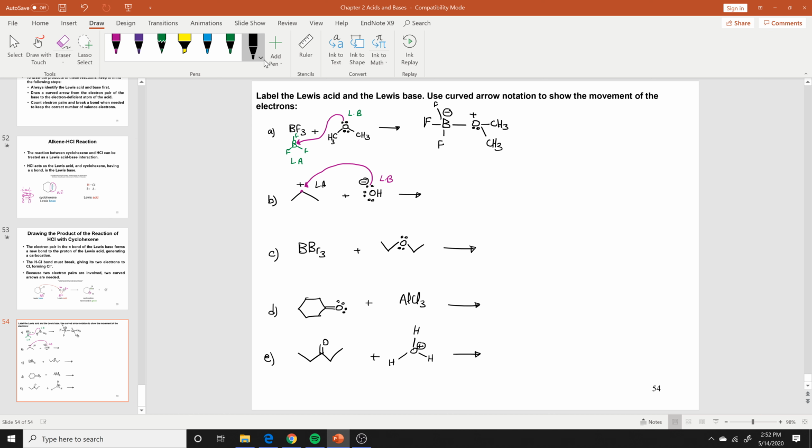So my product is going to look like this, so here you go, I'm just going to write it like this, and we're going to have an OH over here. See that OH? This is my OH. Now, what are the charges over here? I don't have any charges because that base already had a negative charge. It was already gaining electrons. It lost 2 of its electrons, so it became a 0 charge.